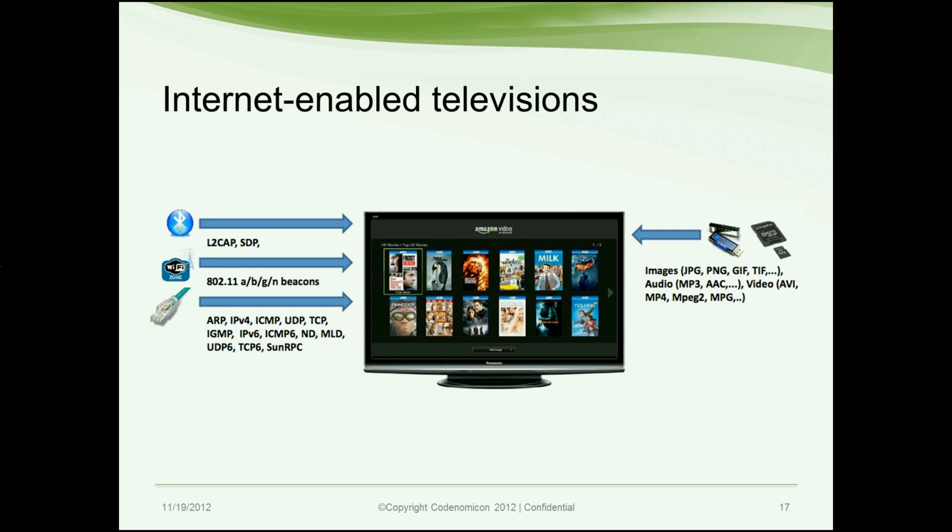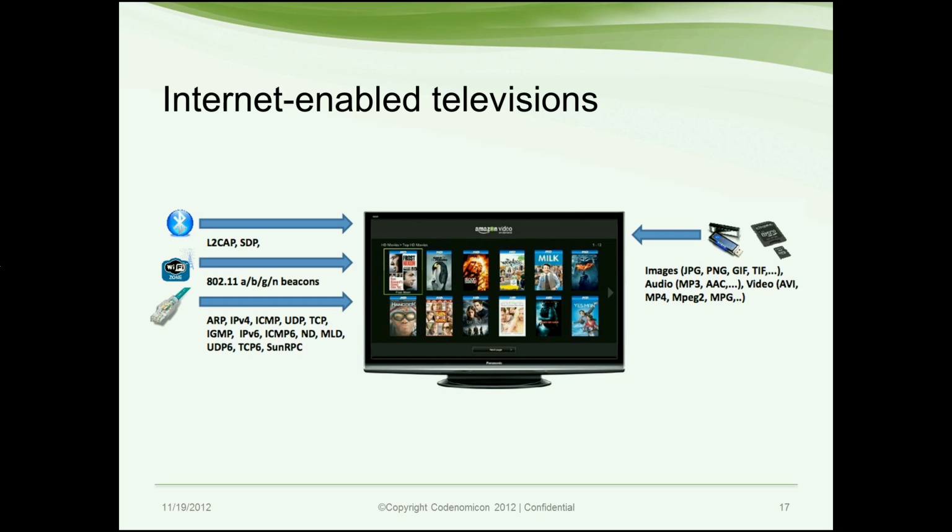Not so long ago, a TV was just a device where you would watch television, but nowadays these televisions have, the same as the printers and the routers and the network attached storage, advanced hardware inside. And the software that's running on these TVs in particular is really similar to the software running on tablets and sometimes even laptops, depending on the brand of TV that you have.